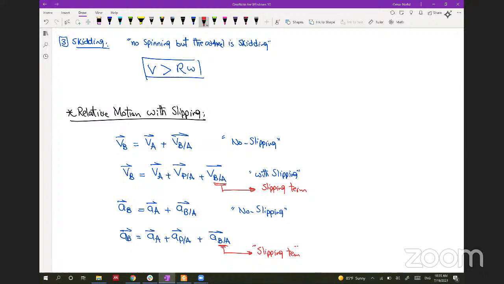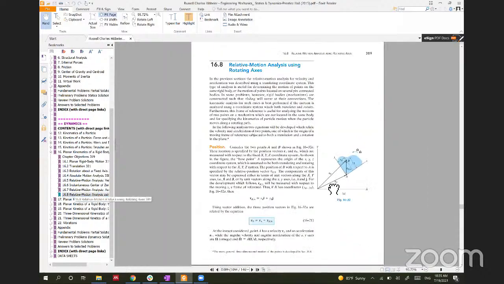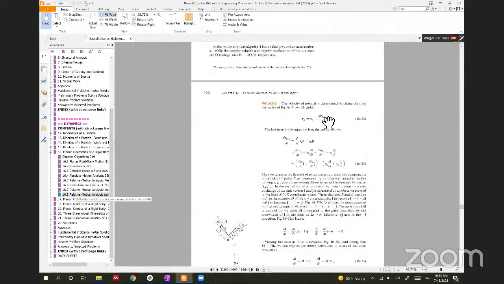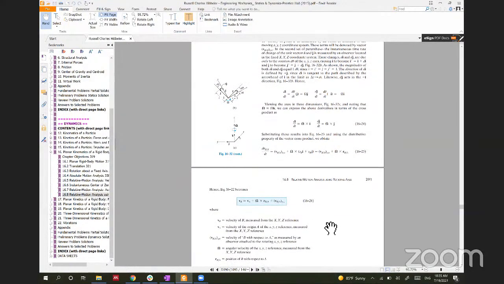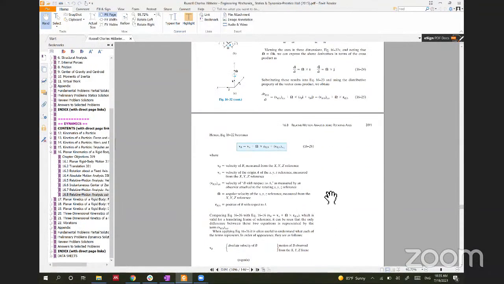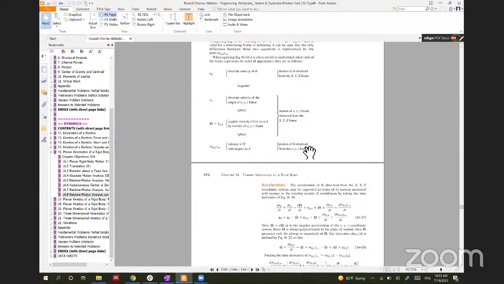So the derivation of this equation has a very long context here. You can actually check it, but I will not be able to explain all of this in the lecture. I will use the final equations, but you are more than welcome to read this and see how we can derive the equation of the velocity and the equation of the acceleration based on this concept.